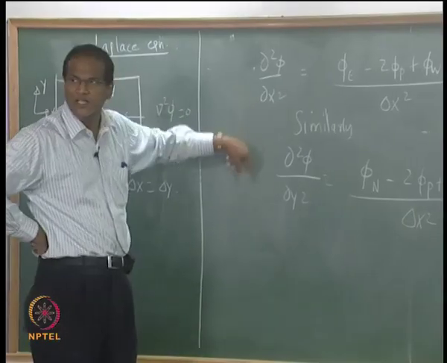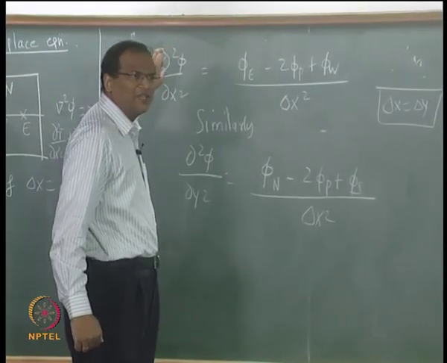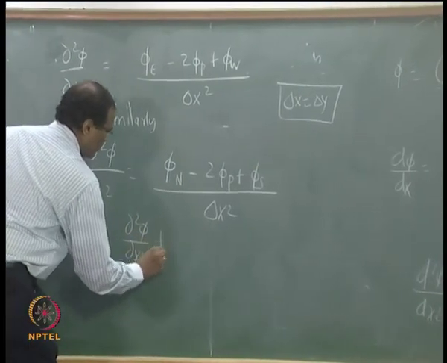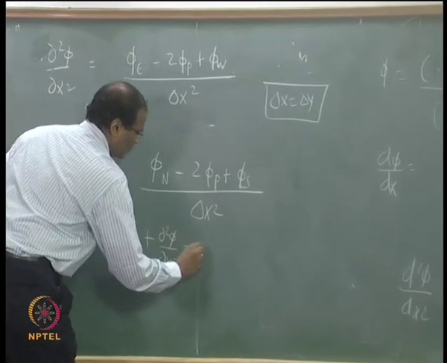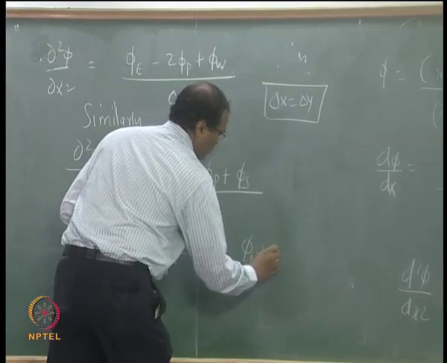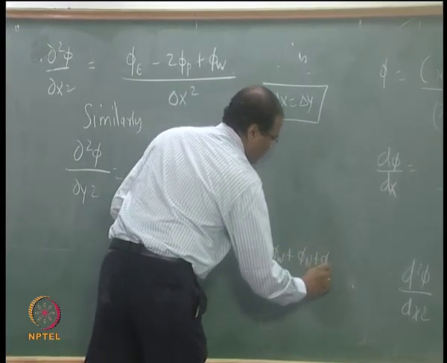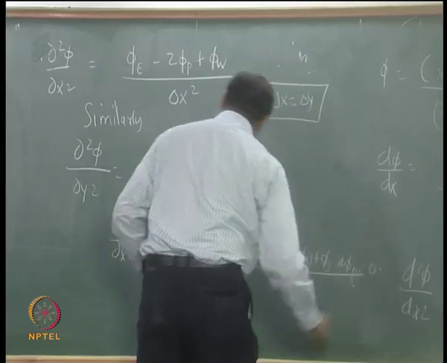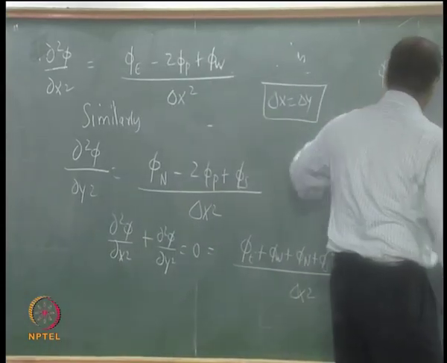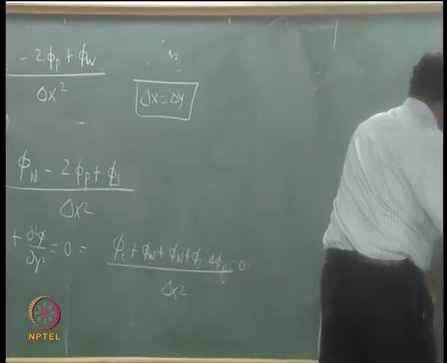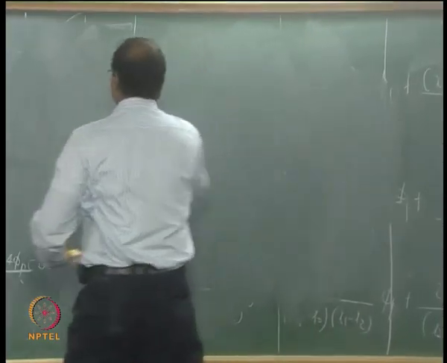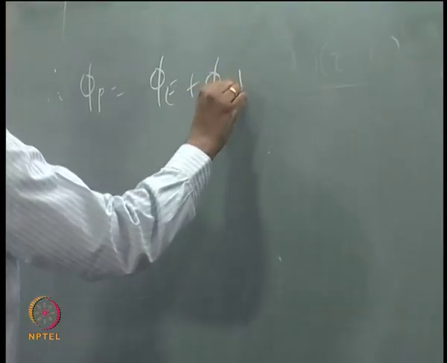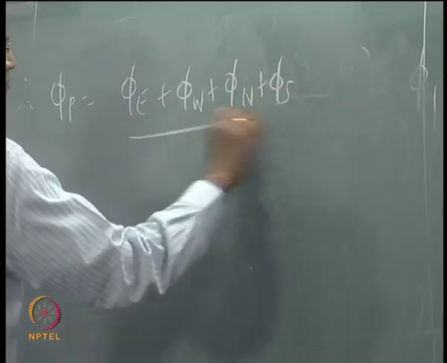There is no problem. Now, what I am trying to do is to write out the second derivative using the Lagrange interpolation formula. Now, if I do this, what is this?